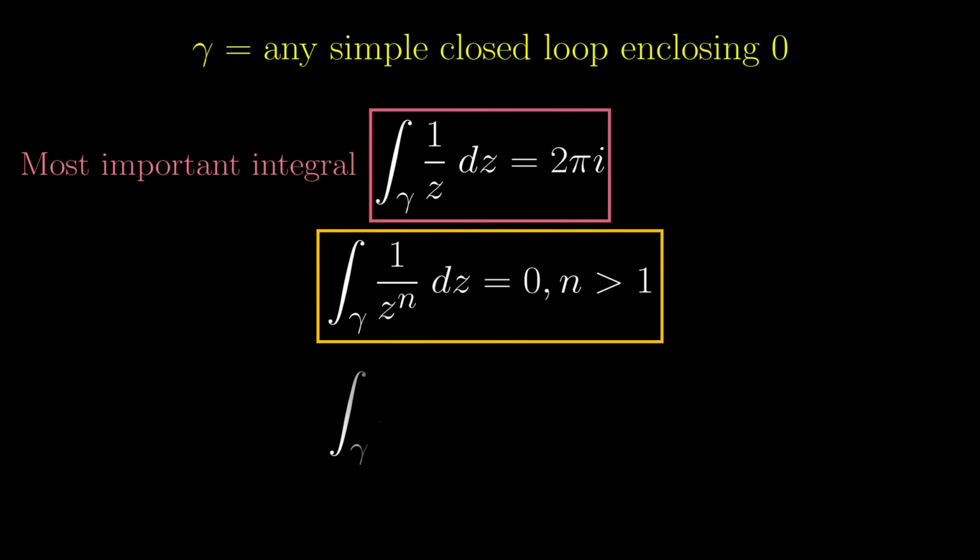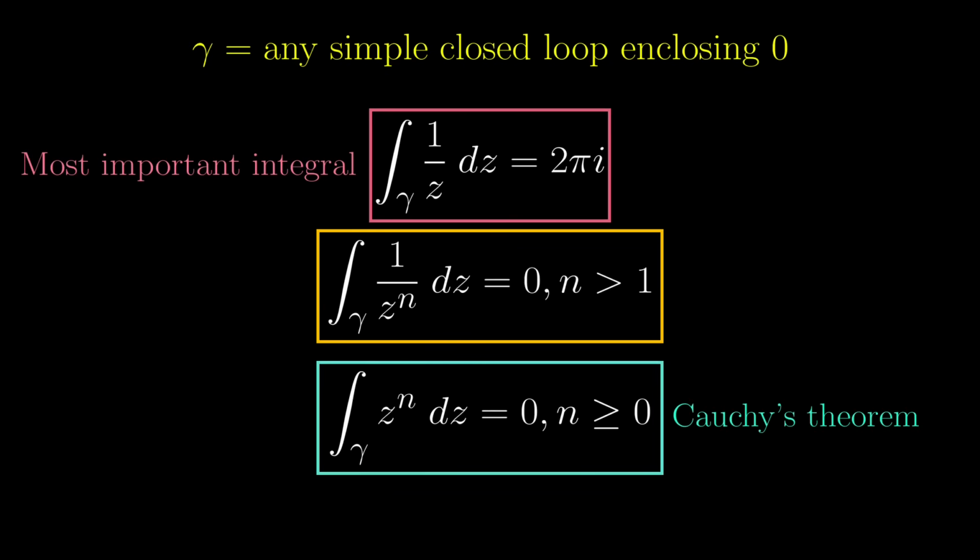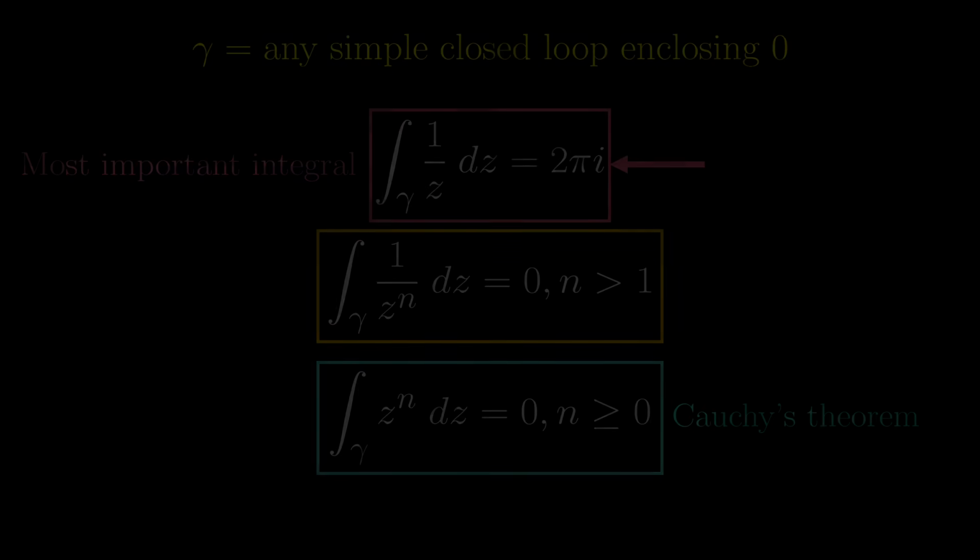And if we have positive powers instead, then the integral is 0. This is because the function will be holomorphic and we have Cauchy's theorem. So among all the integer powers of z, the integral is 0 except for 1 over z, which is partly why this is so important. You might see where this is going, but we will take a look at Cauchy integral formula first.